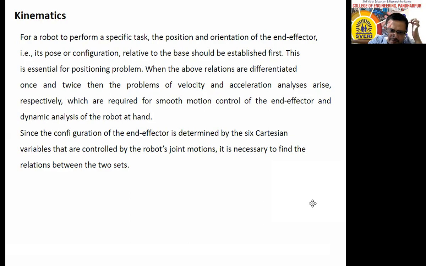Since the configuration of the end effector is determined by the 6 Cartesian variables that are controlled by the robot's joint motions, it is necessary to find the relations between the two sets.